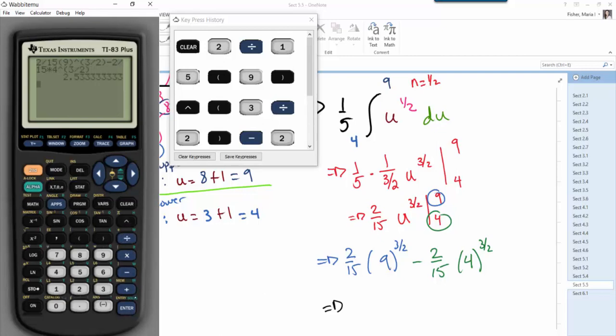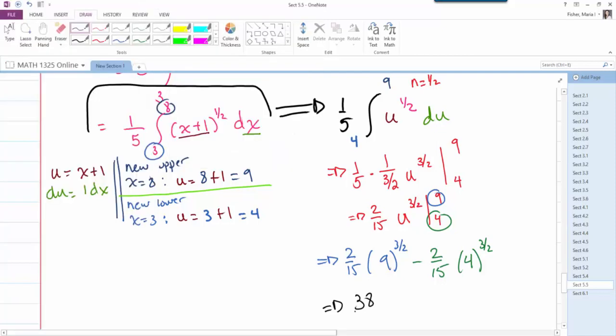Hit enter and I get 2.533. So let's go ahead and make that a fraction. We hit math and enter twice, and I get 38/15. So the average value of that function, the square root of x plus 1, on the interval from 3 to 8 is 38/15. That's it for section 5.5.